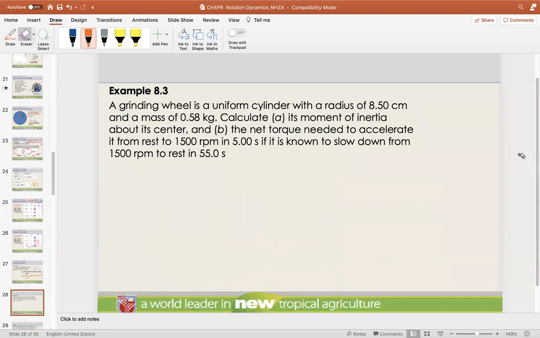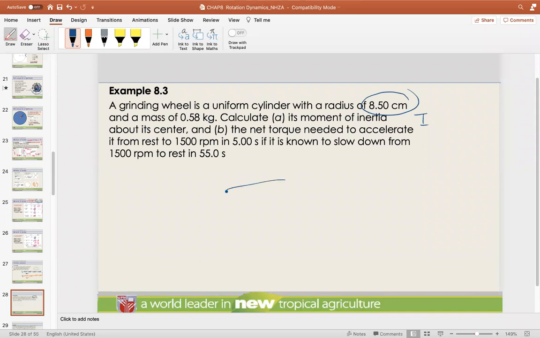Okay, a grinding wheel. So what is the MR squared? It's a solid cylinder, right? The I is a solid cylinder equation. It's a uniform cylinder with a radius of 8.5 centimeter. You have to convert this to SI unit always. And a mass of 0.58 kilogram. Calculate its moment of inertia, I, about its center.